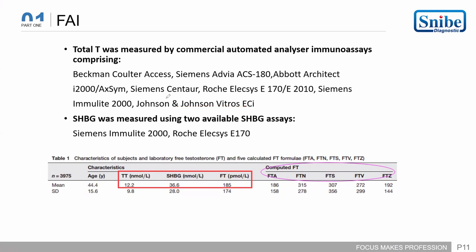The total testosterone and sex hormone binding globulin values are helpful for calculating free testosterone, and the five other calculation formulas help compute the characteristics of free testosterone. Manual calculation formulas for free testosterone are also available, but through this process it can be calculated easily.